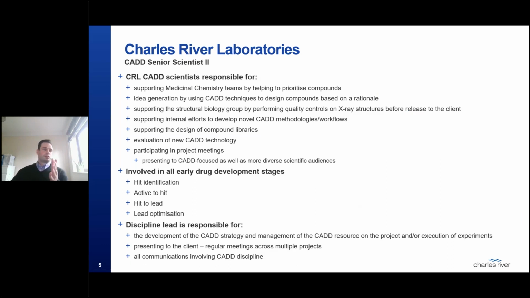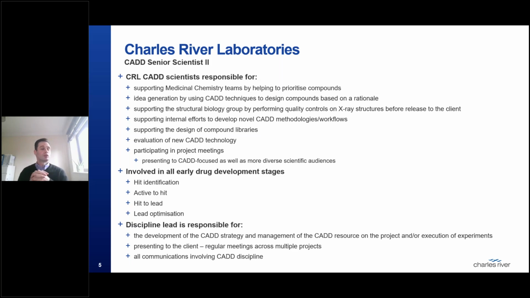So I am a senior scientist too, but overall, Charles River CADD scientists are responsible for supporting medicinal chemistry teams by providing help to prioritize compounds. So we usually get a set of ideas, and we use a variety of computational tools and techniques to prioritize and suggest the most promising ones to accelerate the efforts of the medicinal chemistry team.